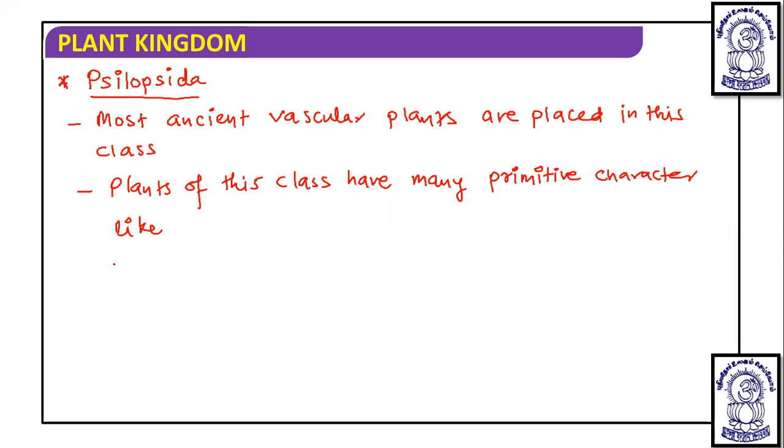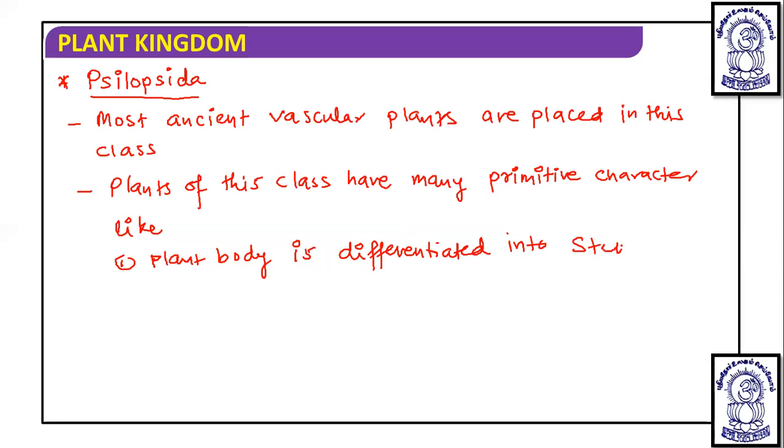Many primitive characters, like number one, the plant body is differentiated into stem, and this stem is known as rhizome, then scaly leaves, and rhizoids.